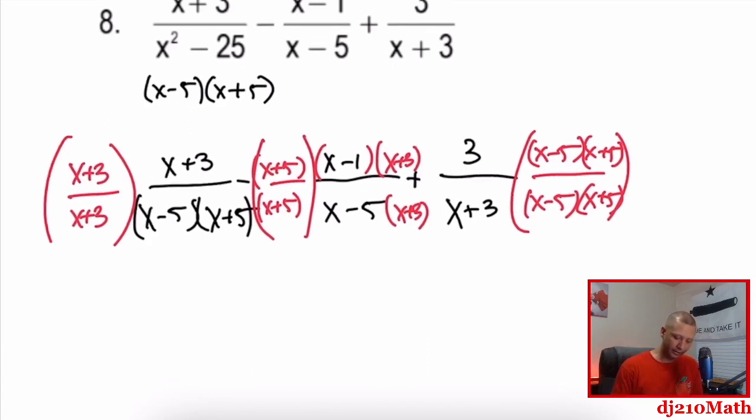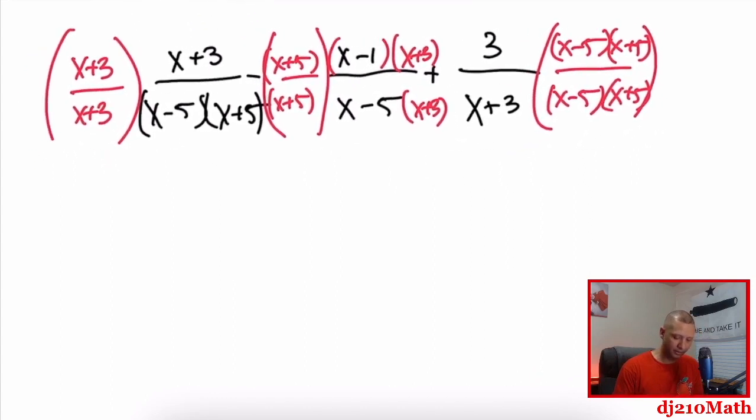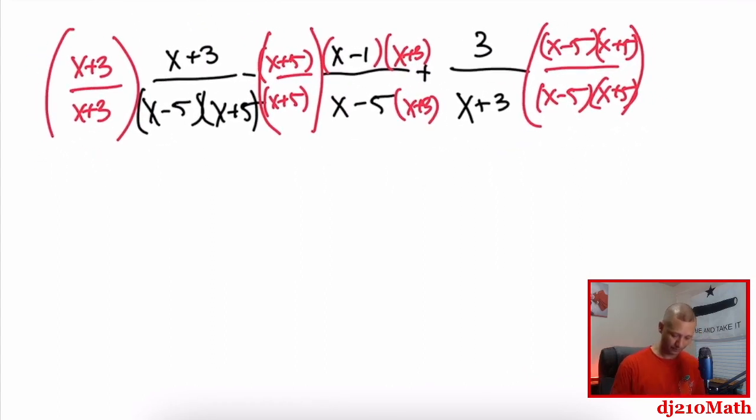All right, so cleaning it all up, this is going to be, up top we have x plus 3, x plus 3, over the denominator, minus. Do I want to write it all out?